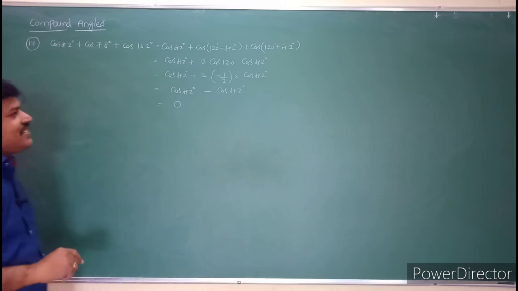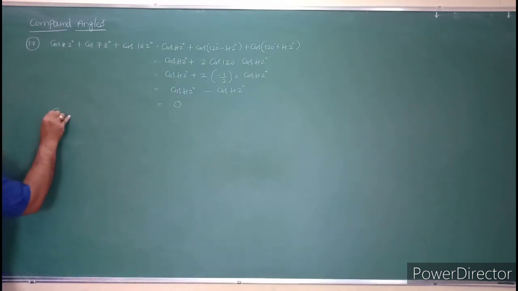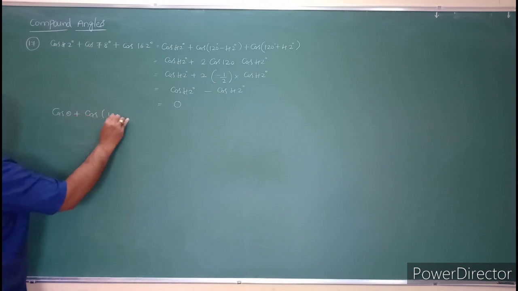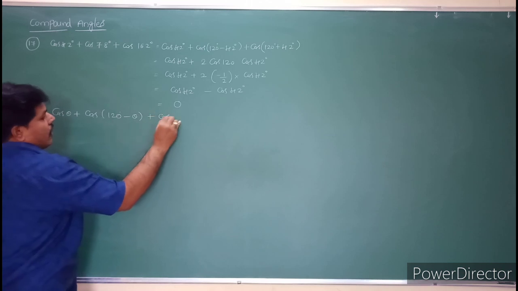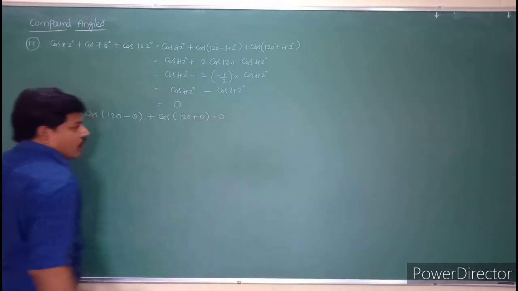So here we got one more formula. What is the formula we are going to use? Cos theta plus cos of 120 minus theta plus cos of 120 plus theta is equal to 0.